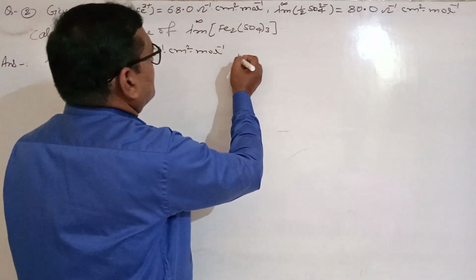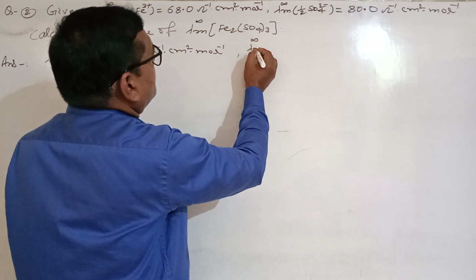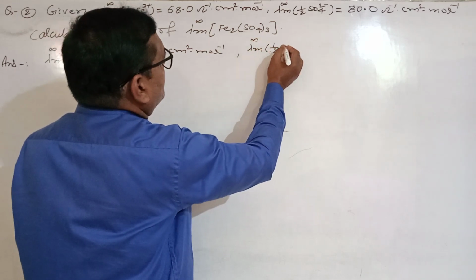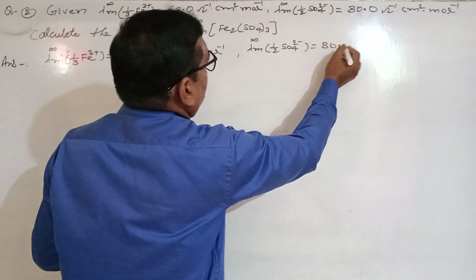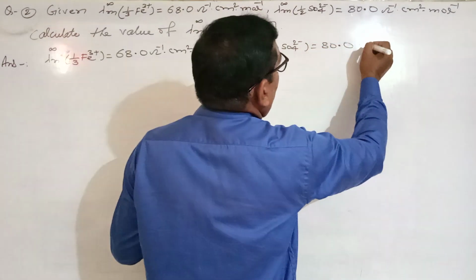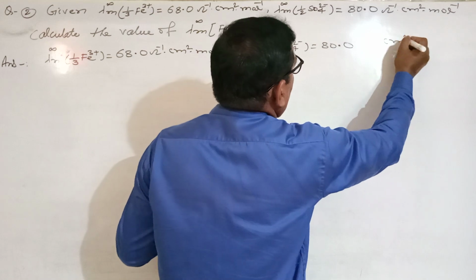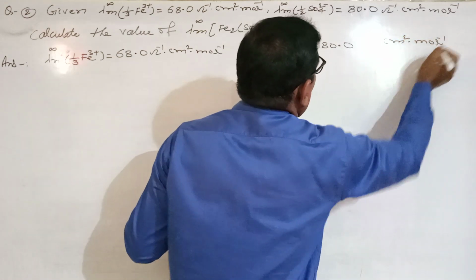We write lambda infinity m of half sulfate ion is equal to 80.0 ohm inverse cm square mole inverse.